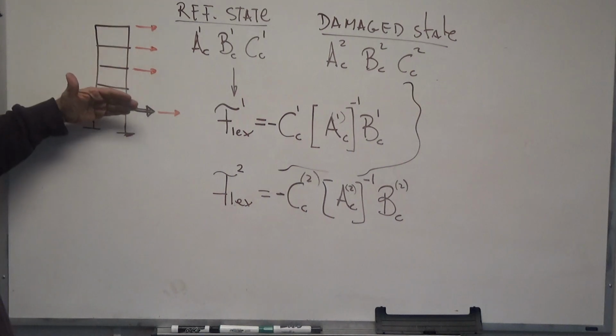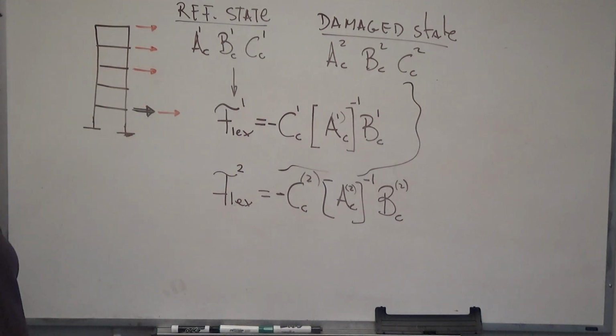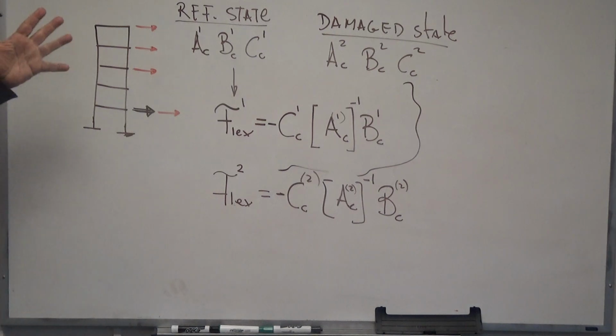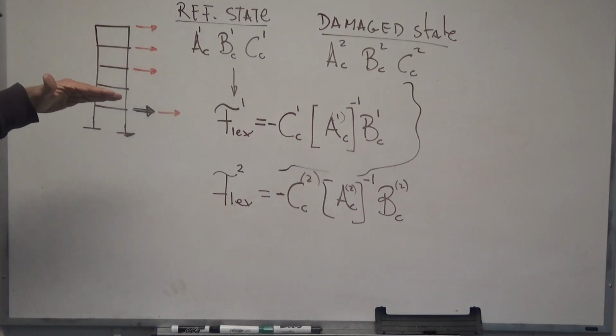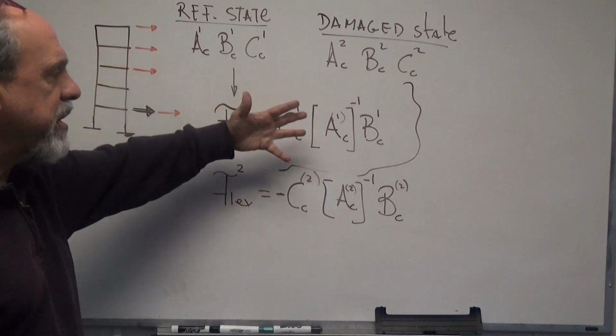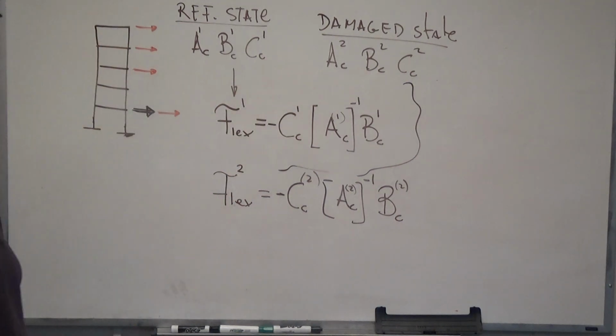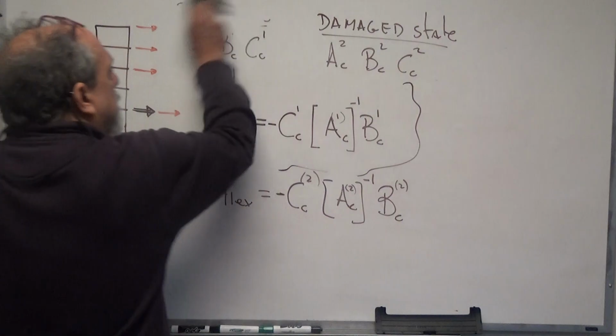If I could do that, then I would, because the flexibility computed that way is going to be more accurate. I don't have to worry about the noise in the vibration measurements and all of that, but I can't. So I am relying on vibration data to obtain a property which is actually a static property of the structure, okay? So we now have the flexibility before and the flexibility after.